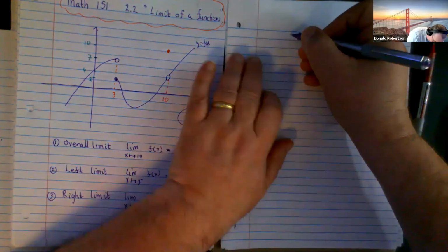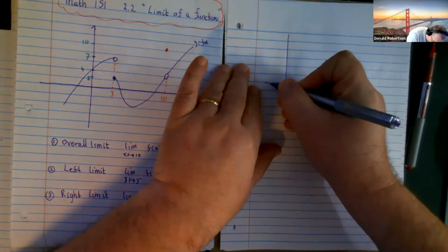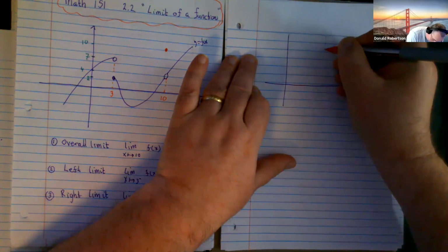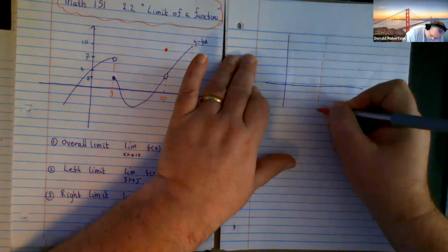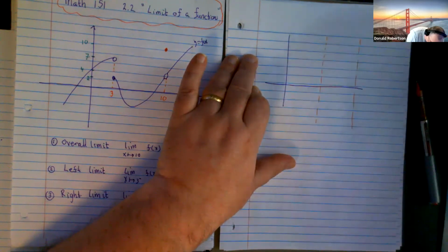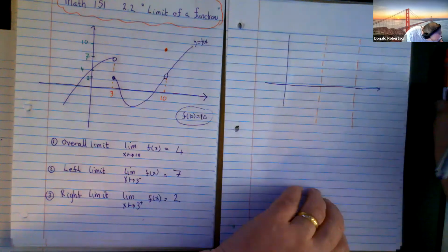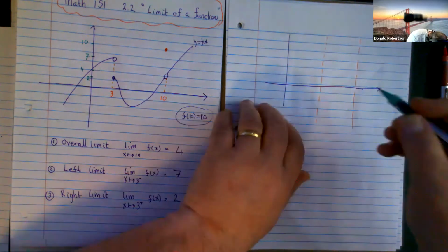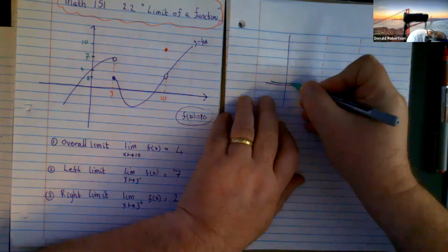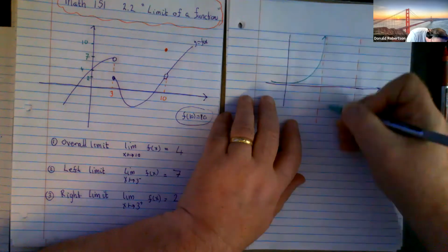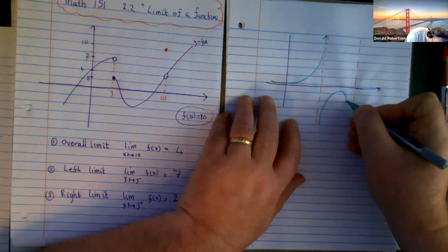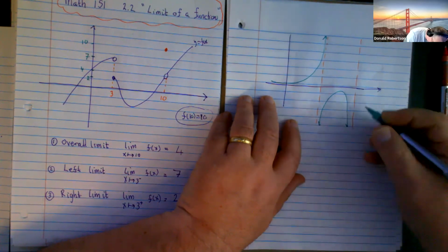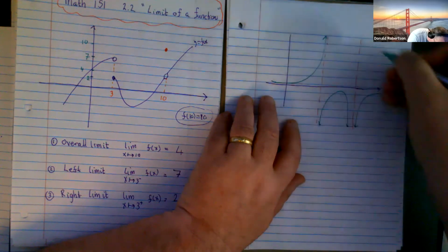So in 141, we had things called rational functions, where we had things called vertical asymptotes, which is what I'm basically trying to draw right now. Okay, so here is our function y equals f of x.